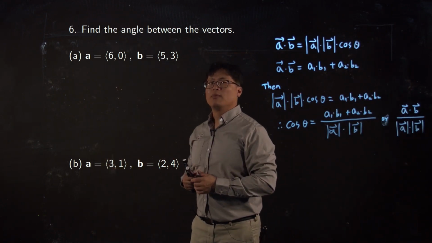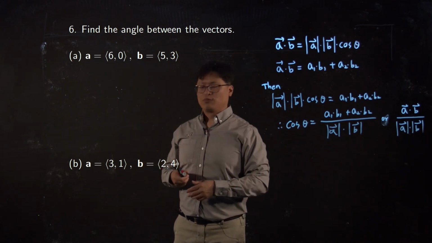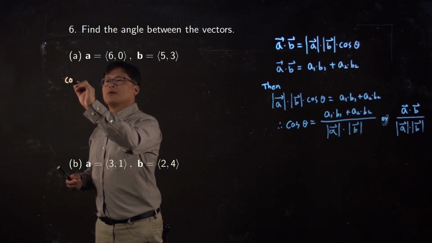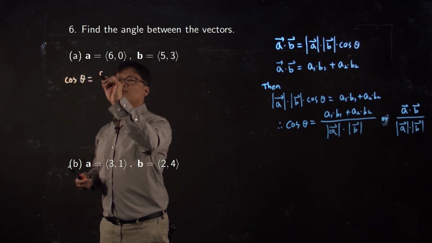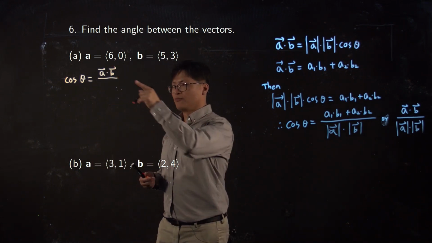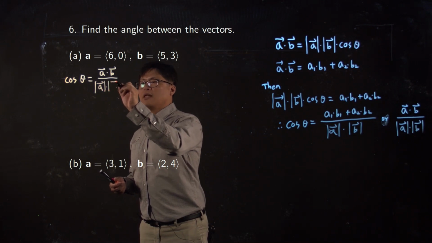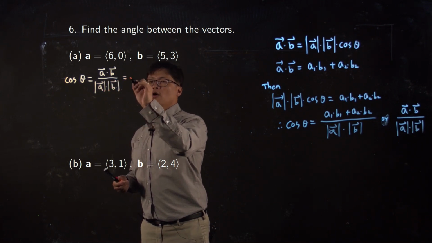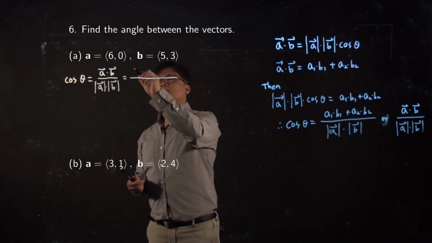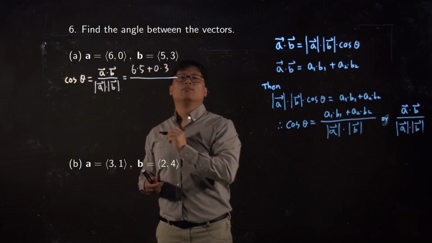So let me apply this here. What about this problem? Let me apply this cosine formula. Cosine theta is equal to A dot B. We're going to use the second formula of the dot product for this numerator, over the length of A times the length of B. What is the dot product between two vectors? The product of the X components plus the product of the Y components.